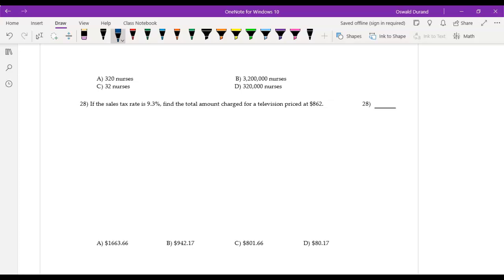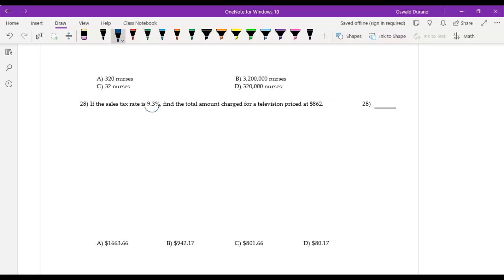so you want to buy a TV for $862, and you're anticipating the final price to be such and such, but you need to know the sales tax, right? So how do you get to the accurate value of the TV with the sales tax?